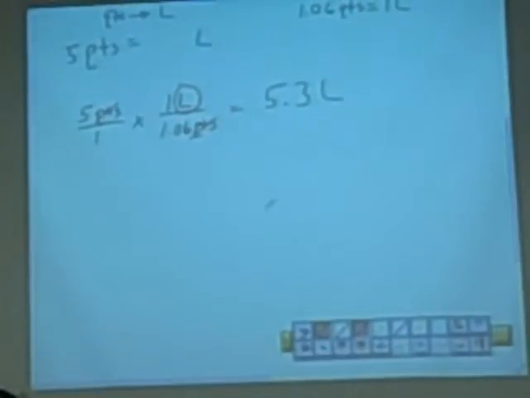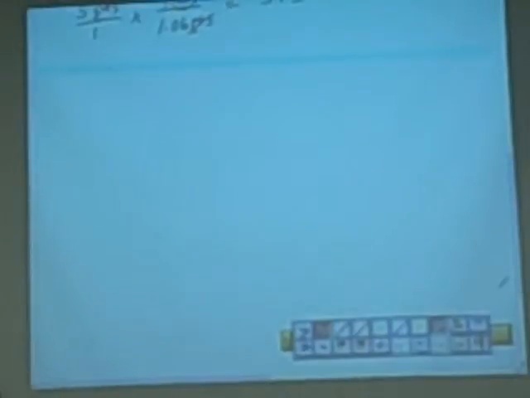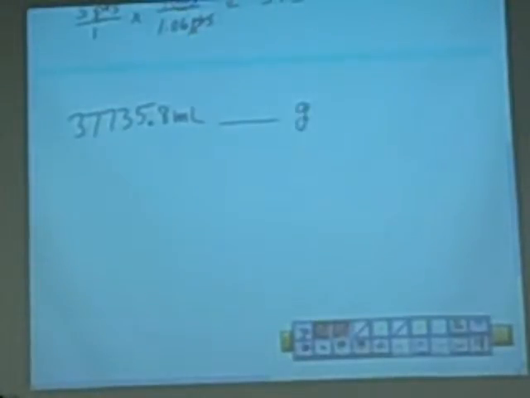Okay, now we'll address your issue about going from a smaller unit to a larger unit. This is modified from what I originally had here, but it should work out just fine. Okay, we want to go from 37,735.8 milliliters to gallons.